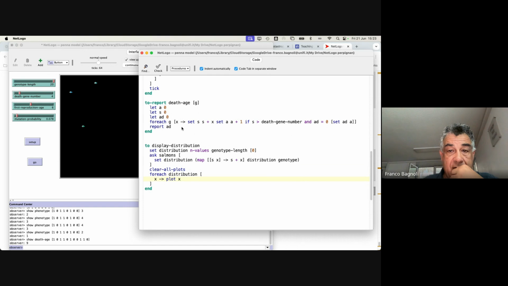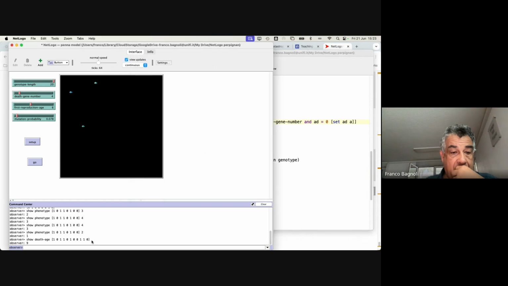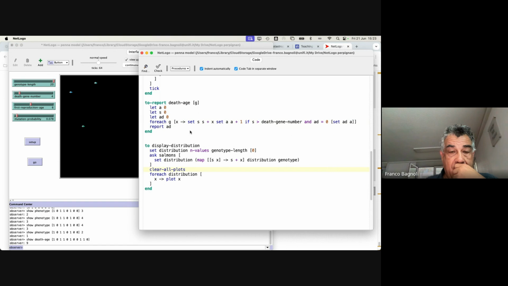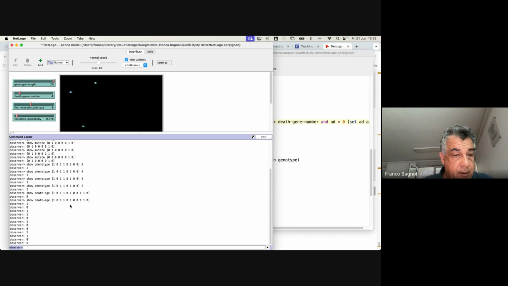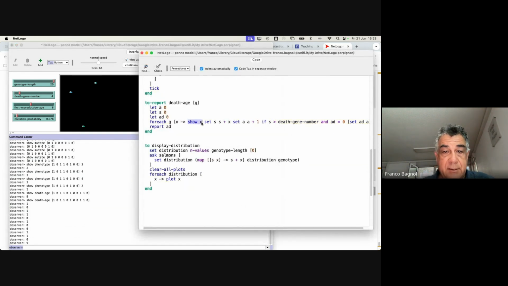For each G, if S, it's not plus 1. No, X. Show X. Let me check. So it is 1 0 1 1. So this is going okay. No, it is reading this. So it increases X by X.